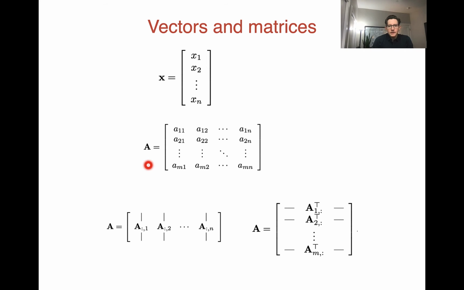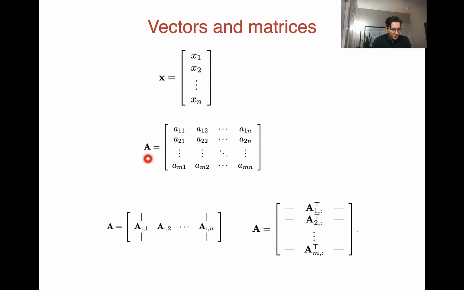A matrix is a set of m times n numbers arranged in a table. Again, we're using here bold notation, and we're using a capital letter. So we're using a bold capital letter to indicate a matrix. Note that in this course we also use capital letters to indicate random variables.